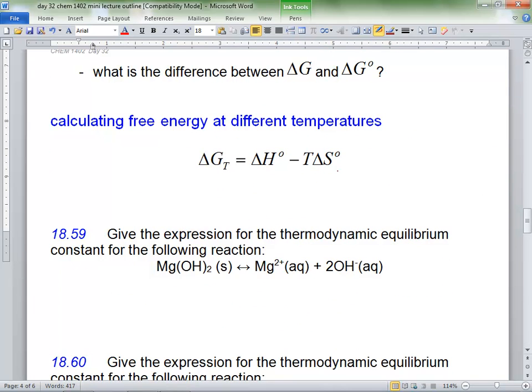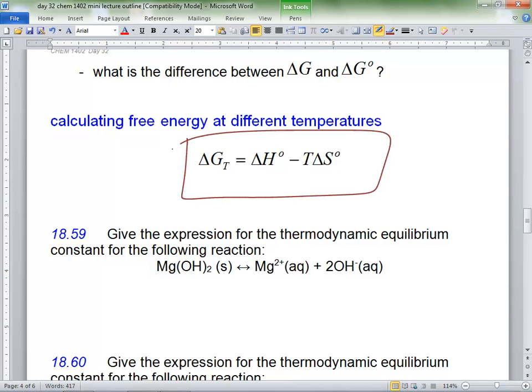What is the difference between delta G and delta G0? Delta G0 is the standard one. Delta G isn't, so you can't get delta G from the tables. Only delta G0 you can. So how can you get delta G? Now, the equation, and this little t down here probably means temperature.